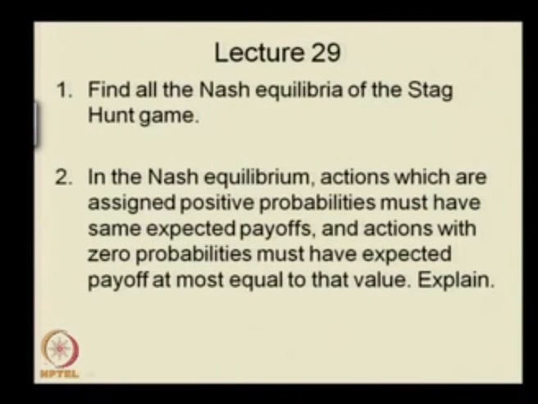In the Nash equilibrium, actions which are assigned positive probabilities must have the same expected payoffs, and actions with 0 probabilities must have expected payoff at most equal to that value. Explain.